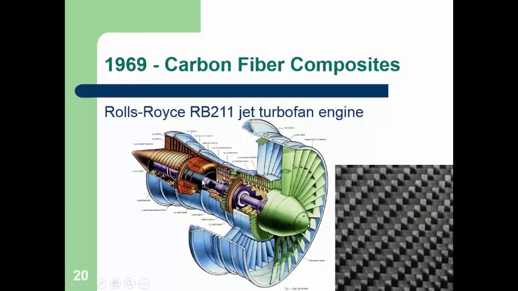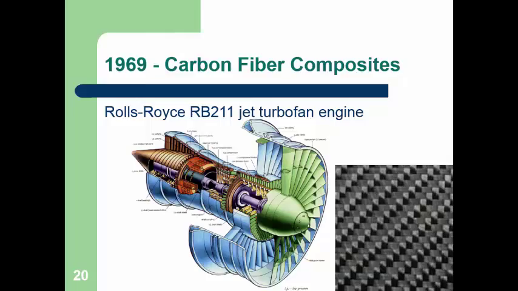Carbon fiber composites. Carbon fiber and fiberglass differ primarily in, of course, the fibers that they use and in the resin that holds them together. So fiberglass typically has what we refer to as a low performance resin.